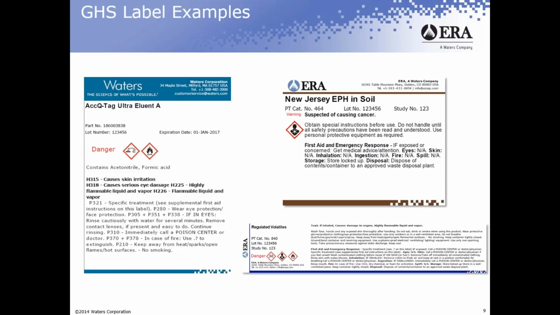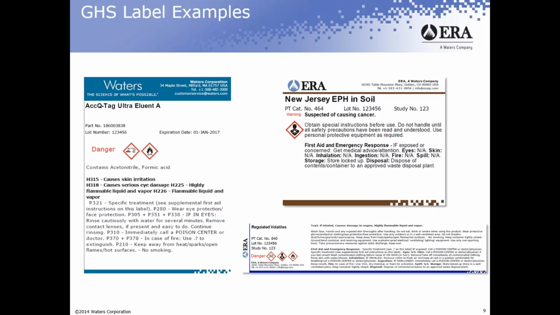So just to give you a bigger example of some of the other labels here. In the bottom right-hand corner, you have the catalog number that we've been talking about in the last few slides, catalog number 840. Up above it is just another label. On this one, you'll note that on the New Jersey EPH and soil, this is a United States label. This is applicable to the OSHA hazard communication standard.